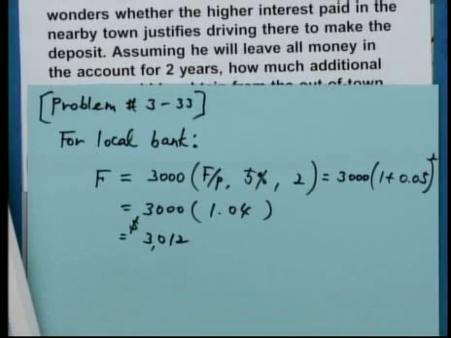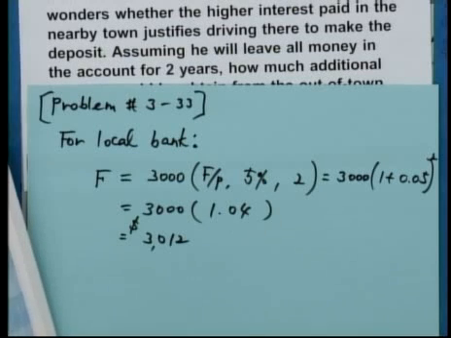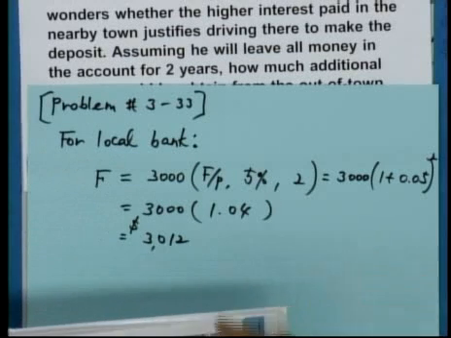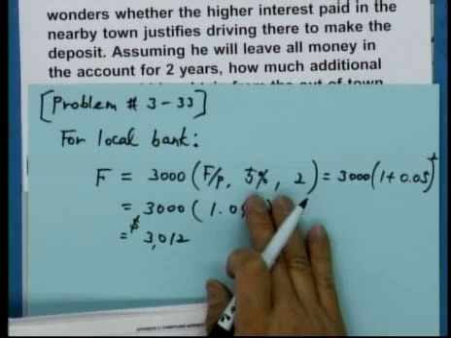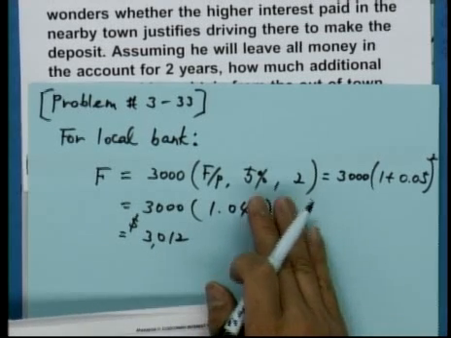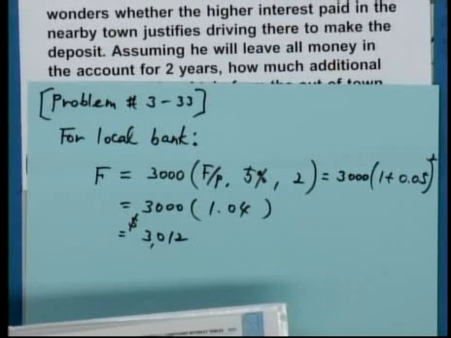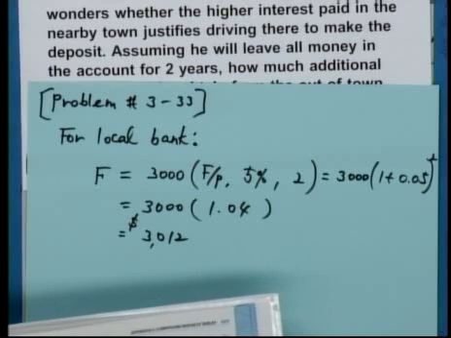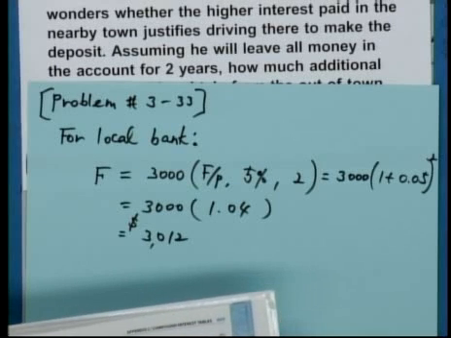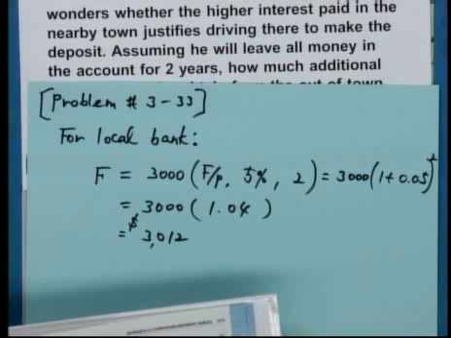Oh, I'm sorry, I was looking at a different value. The compound amount factor we are looking for is at 5% interest rate, and it is provided in page number 608.